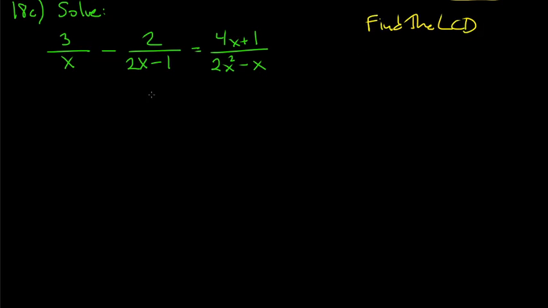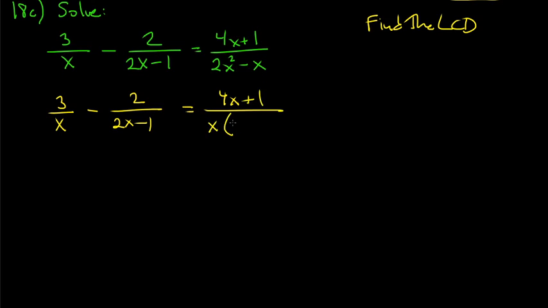So that means we have to factor all the denominators. X is just x. There's nothing to factor there. And 2x minus 1, that's prime, so nothing to factor there. On the right side, we can factor out an x, right? 2x squared minus x factors as x times 2x minus 1. So the LCD is just x times 2x minus 1.